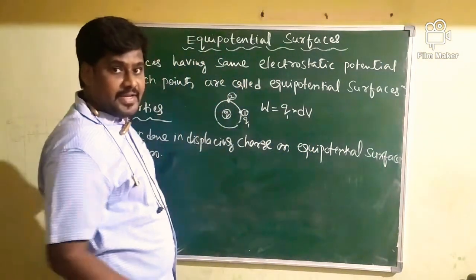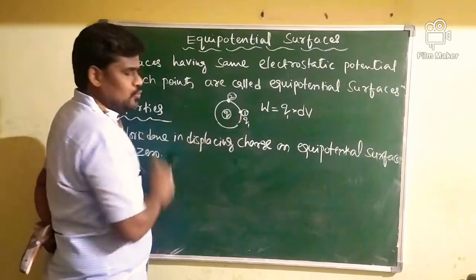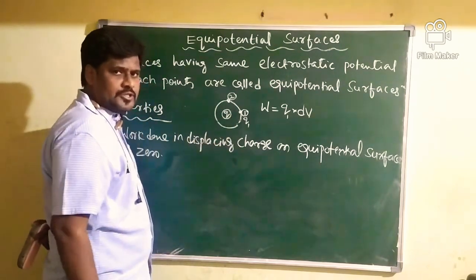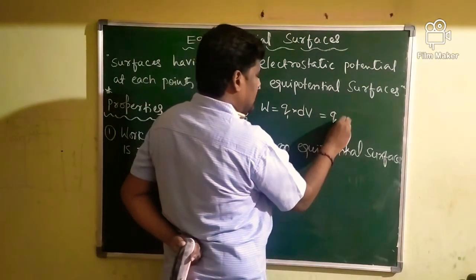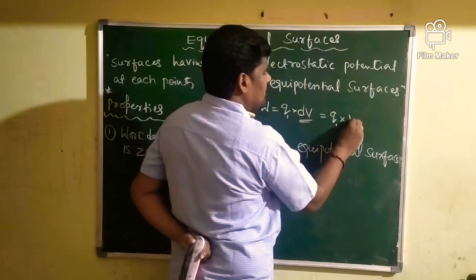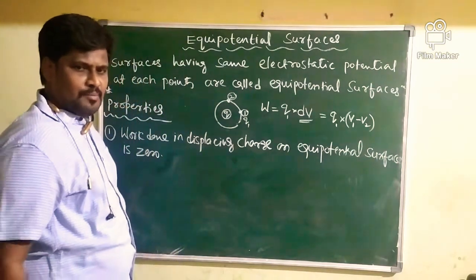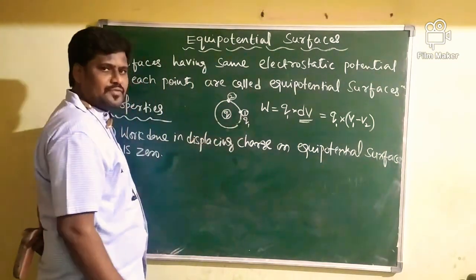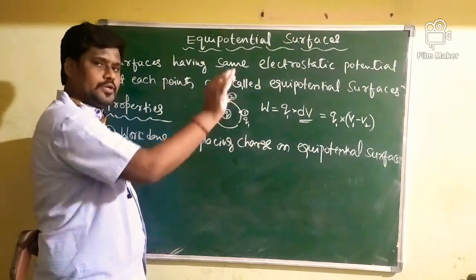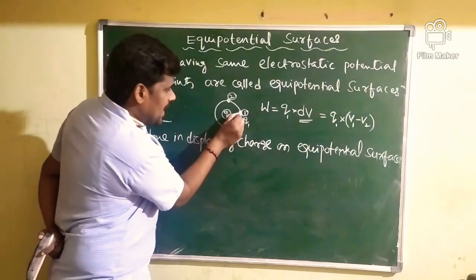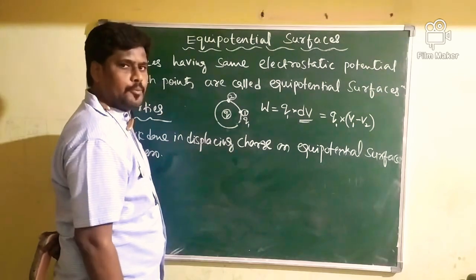What is dV? dV is the potential difference between points 1 and 2, given by V1 minus V2. But what is an equipotential surface? The surface having the same value of electrostatic potential at each point. It means the electrostatic potential at point 1 is equal to the electrostatic potential at what?